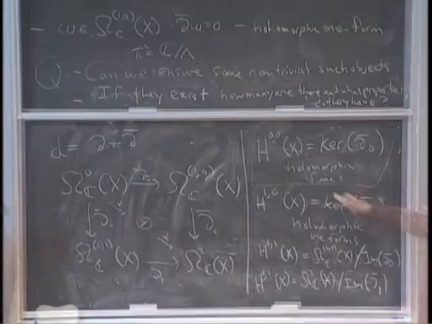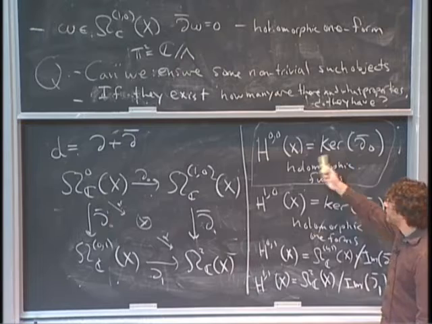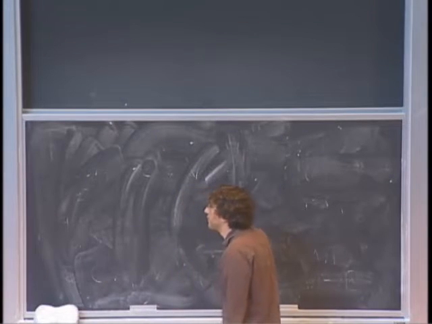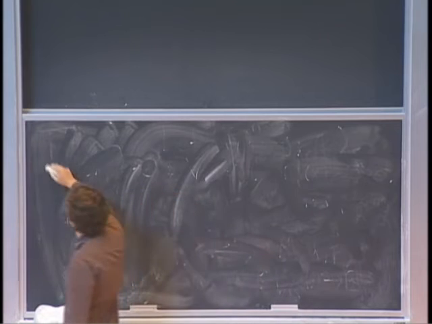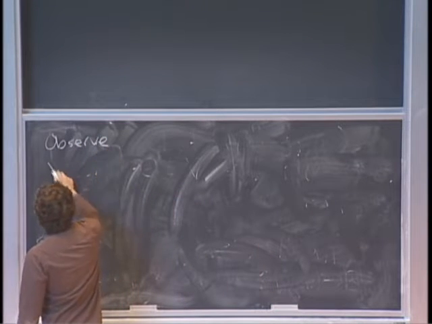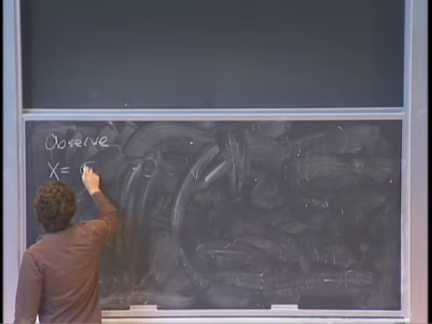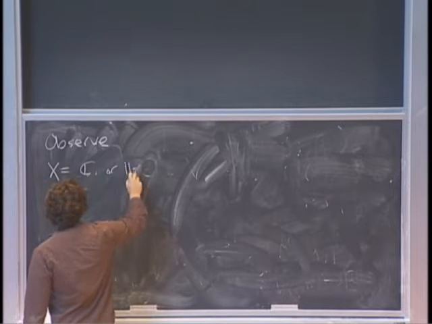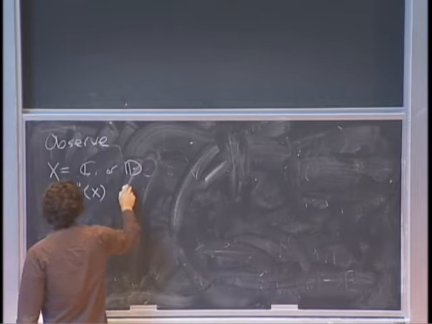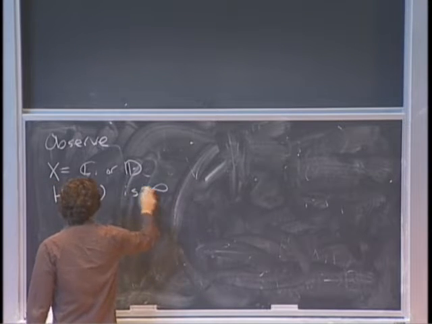So of course, if X is non-compact, we expect there to be lots of them, in fact an infinite number. So observe that, for example, if X is equal to, say, C or D, then H^{0,0} of X is infinite.